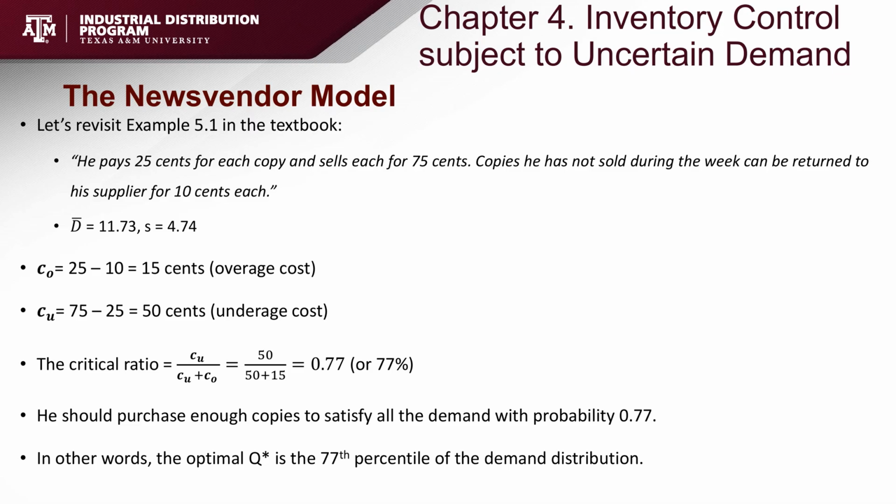Plug it into the ratio, 50 over 15 plus 50, which is 50 over 65, about 0.77. And that tells Mac to stock enough to cover all weekly demand 77% of the time. Put another way, the optimal order is the 77th percentile of demand. Mac should buy enough copies to satisfy 77% of the total demand.